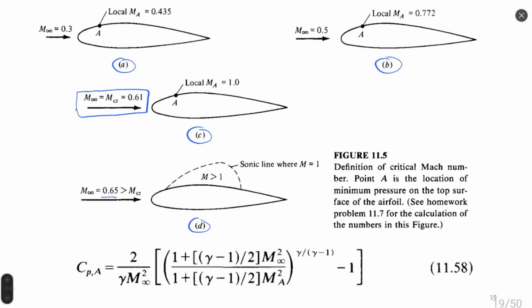Why are we talking so much about critical Mach number? It's mainly because the flow changes significantly when Mach number locally becomes supersonic. These changes drastically change the flow picture, and they drastically change the coefficients of performance: drag and moment coefficient change.